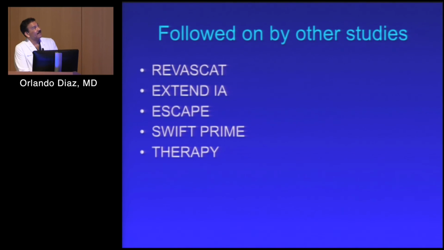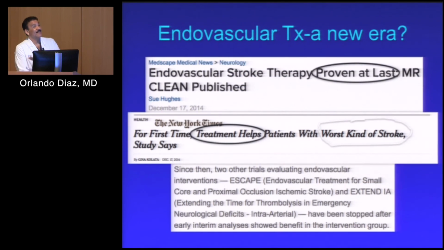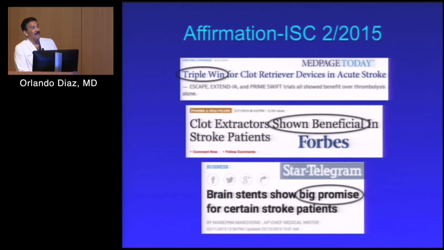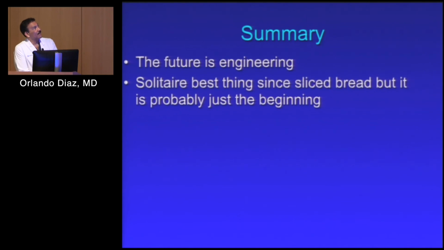Then REVASCAT, EXTEND-IA, all this, 1, 2, 3, 4, 5, plus MR CLEAN demonstrated in US that mechanical thrombectomy in a large vessel occlusion, not in small vessel occlusion, was better. And this was a boom in Medscape, New York Times, and this is a procedure that is accepted by FDA, and we're becoming better and better.